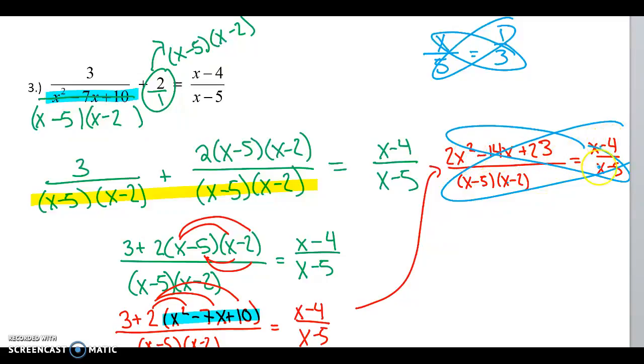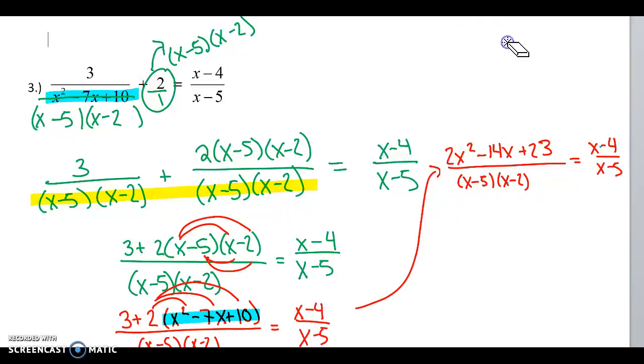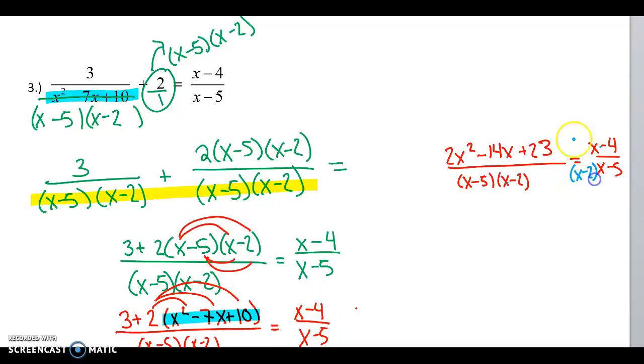Or here you're going to have 2x squared times x, which is going to give you an x to the third. And if I have an x to the third, I don't know that I know how to solve that, which is why I am not going to do that here. So again, a lot of people say cross multiply. We just don't have the skills to do that at this point. I'm going to erase that for the sake of room. So I'm going to go with the method I used earlier, multiply the denominator and the numerator by x minus 2. So the left side will stay the same.